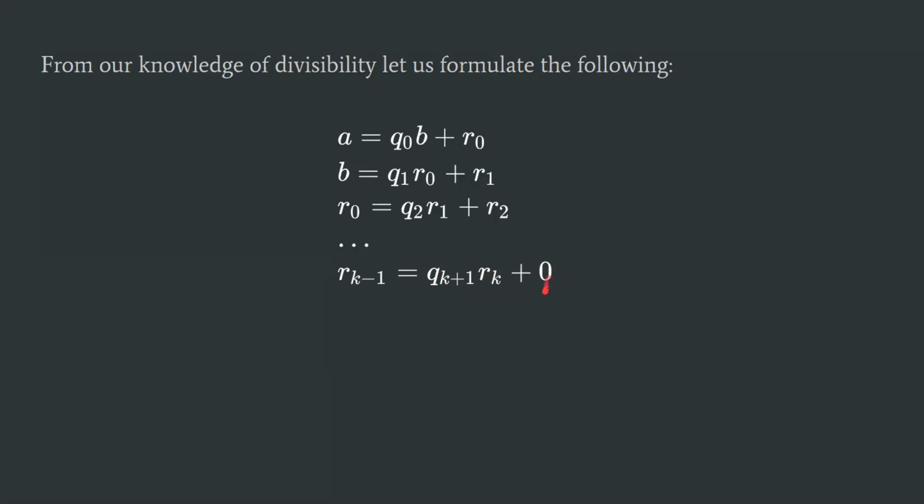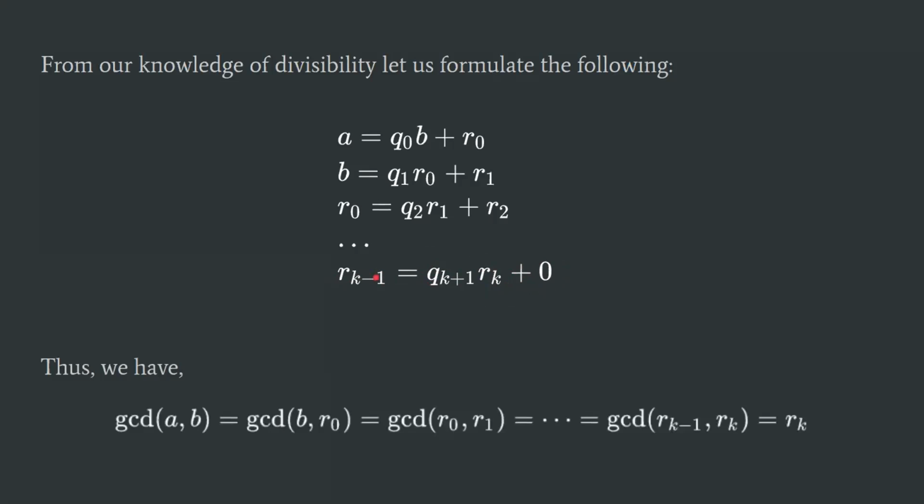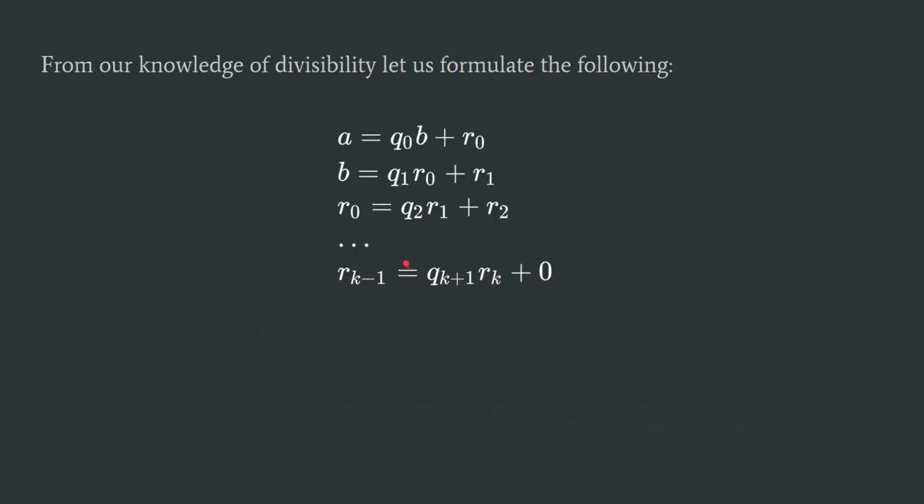So the remainder will be 0, and Rk will divide R(k-1). Yeah. So now, suppose you have R(k-1) and R(k-2). What will be the greatest common divisor between R(k-1) and R(k-2)?